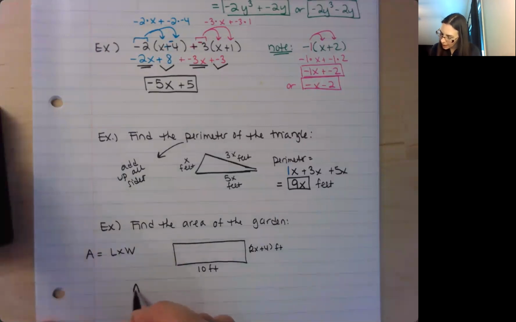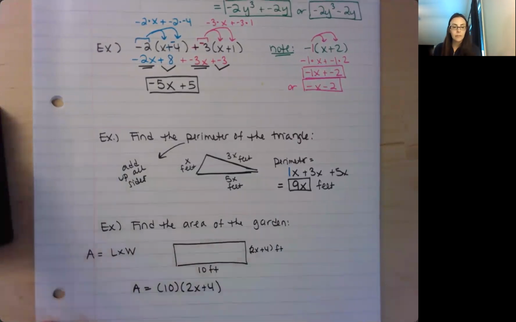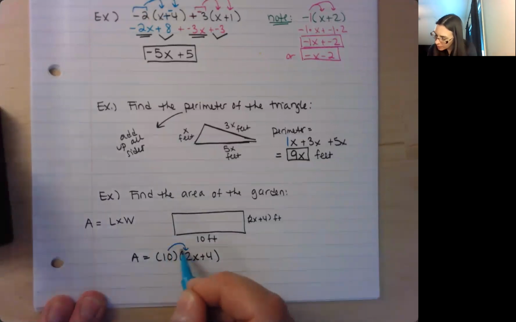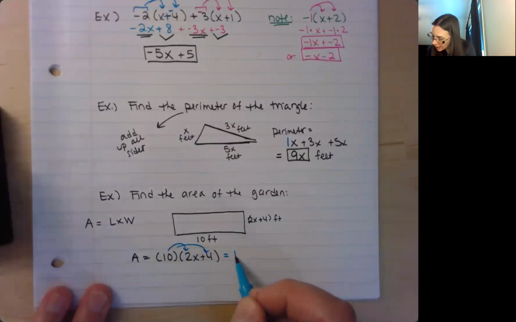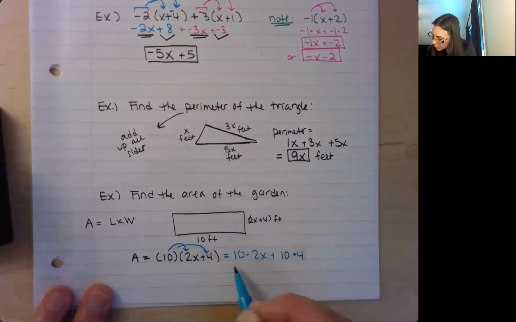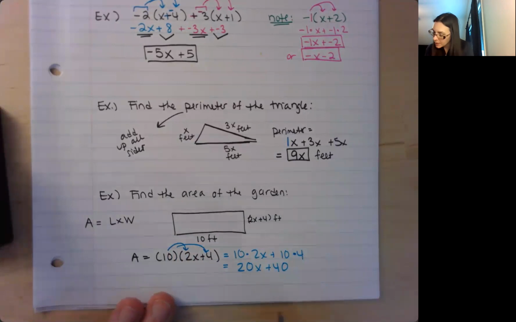So here I have my length of 10. I have my width of 2x plus 4. So this is a great example to use that distributive property. So I have 10 times 2x plus 10 times 4, which gives me 20x plus 40. These are unlike terms, so I can't go any further. So that's my final result.